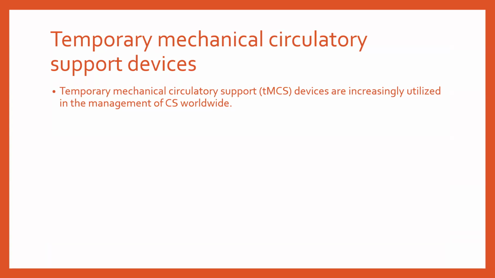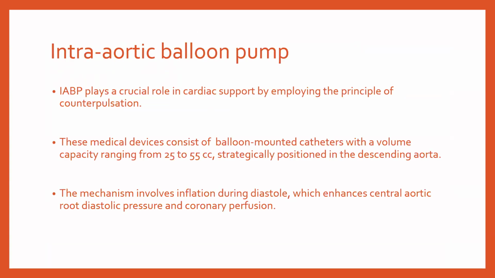Now, temporary mechanical circulatory support devices are increasingly utilized in the management of cardiogenic shock worldwide. So we'll have a look at a few of these. As we know, circulatory devices like the intra-aortic balloon pump, Impella, and TandemHeart are used frequently. So let's have a look at the intra-aortic balloon pump.